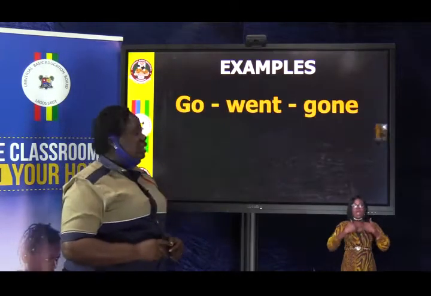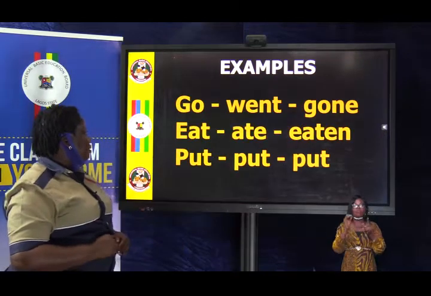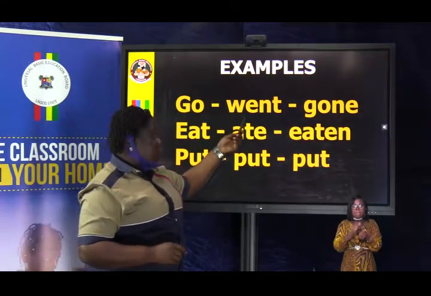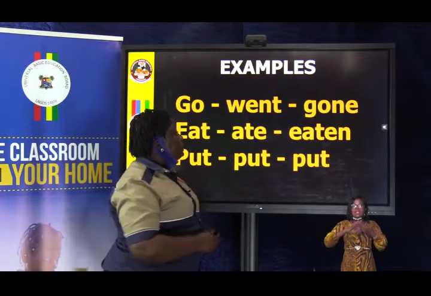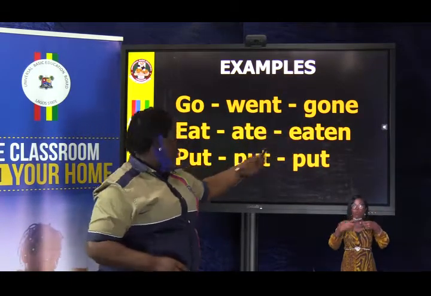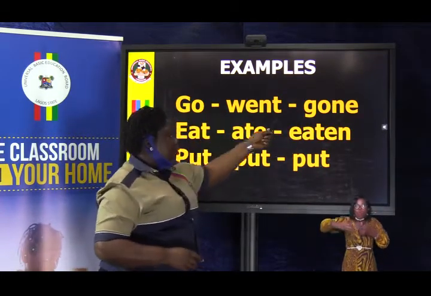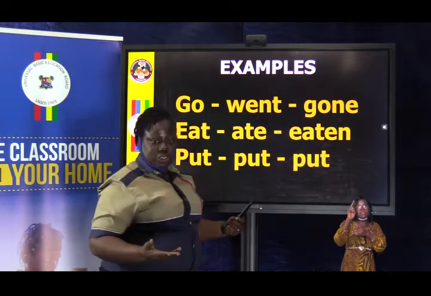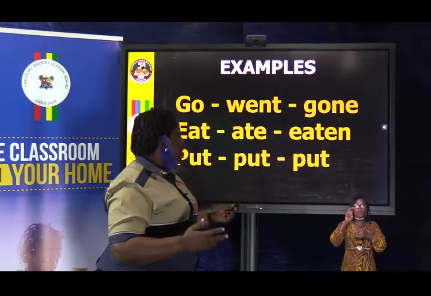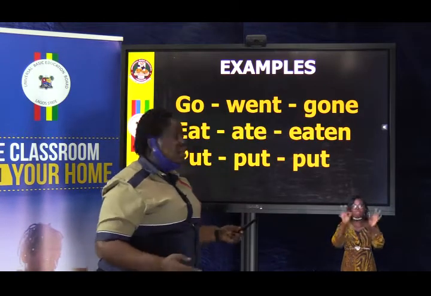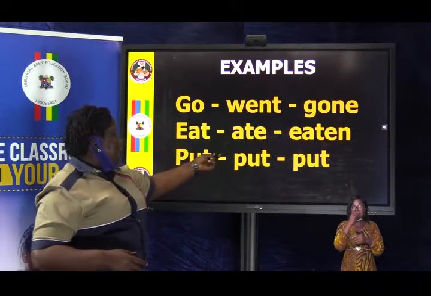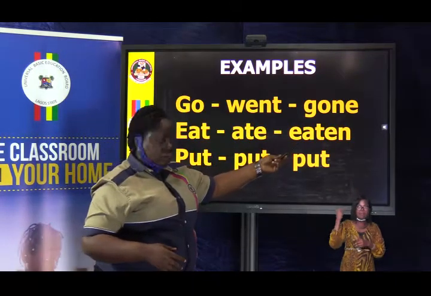We have examples for that too. Look at this. Go. The past tense of go is went, and the past participle is gone. So you have go, went, gone. In this one, the entire word changes. Look at this. Eat, ate, eaten.